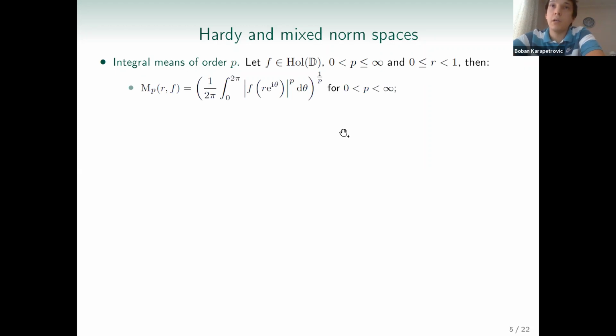So we have this integral mean of order p in this finite case when p is strictly between 0 and infinity. And when p is equal to infinity, we have this supremum, or maximum, of the modulus of the function f on this circle with radius r.